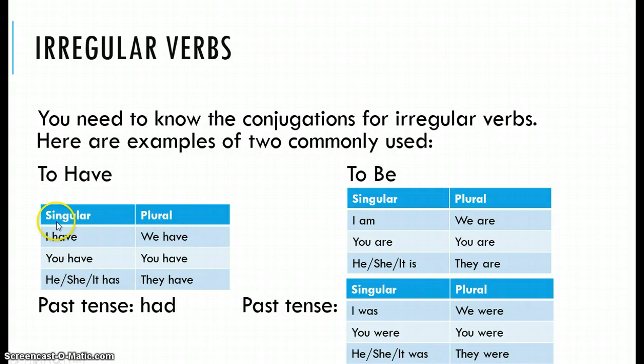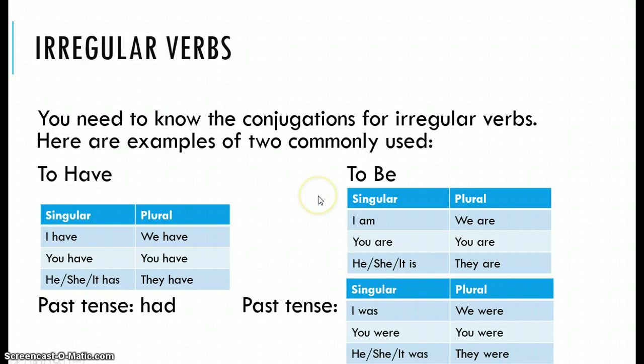I hope that in your classes you've done a little bit of this. It's like a conjugation chart with the singular subjects on one side and the plural subjects on the other. So here are my singular subjects, I, you, he, she, or it, and my plural subjects are we, you, and they. And it just depends on the regularity of the verb, what is the correct one.